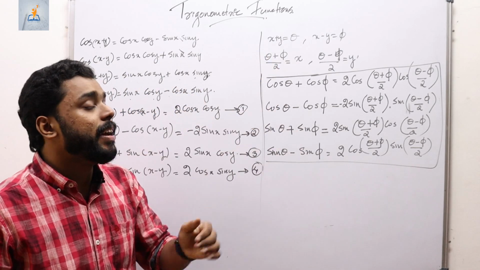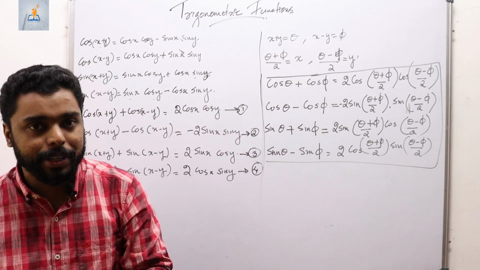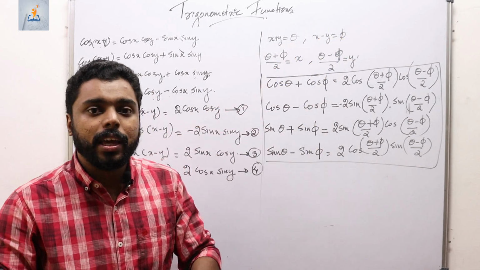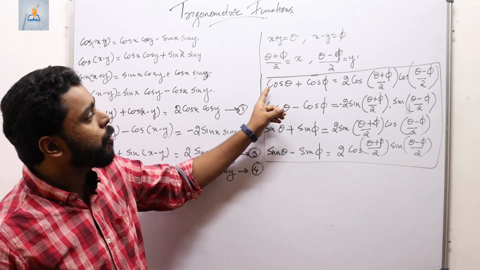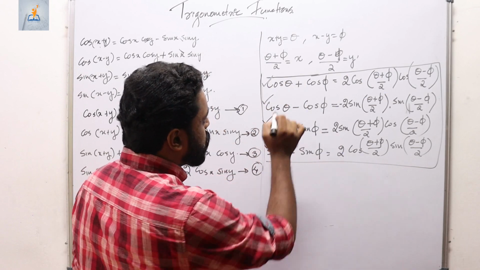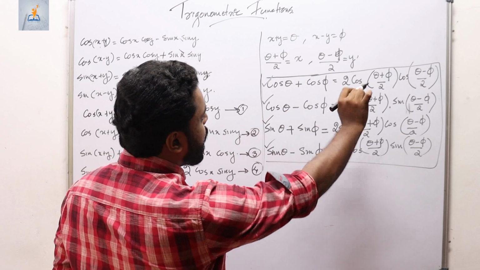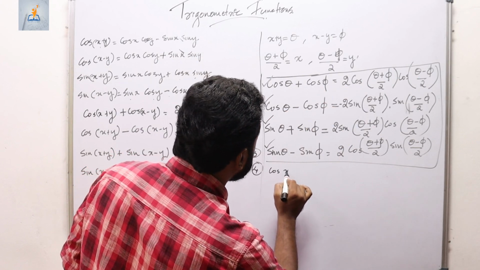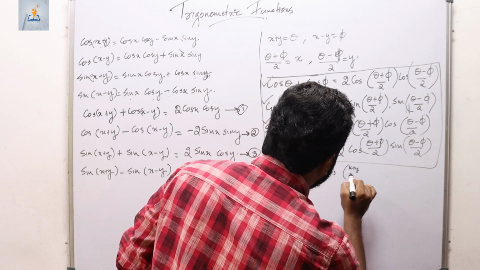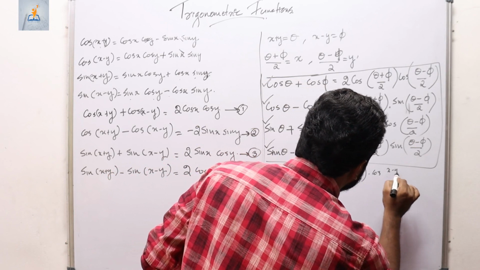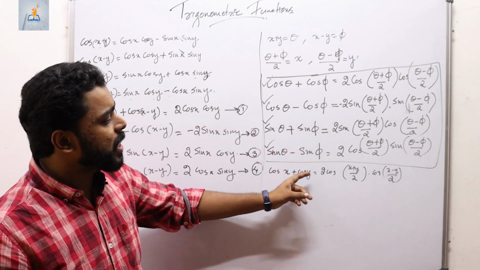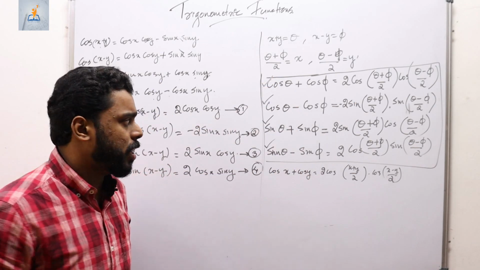Remember that since x and y are arbitrary angles, theta will also be an arbitrary angle, and x minus y, which is equal to phi, will also be an arbitrary angle, which means that for any arbitrary angle we have these four relationships, isn't it? So for any arbitrary angle, we can rewrite this relationship as cos x plus cos y is equal to 2 cos (x plus y)/2 into cos (x minus y)/2. Just because theta and phi are arbitrary angles, I am using the standard variables instead of theta and phi. That's all.